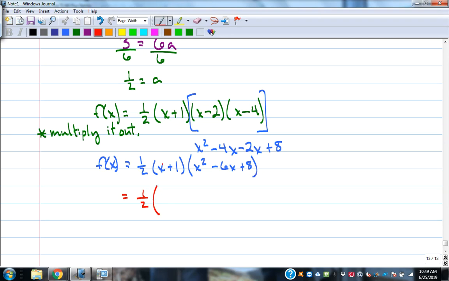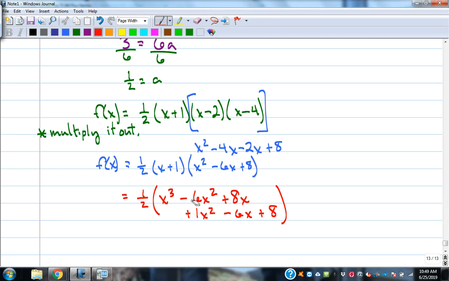So that's going to be x times x squared is x cubed. x times negative 6x, negative 6x squared, plus 8x. And then I'm going to multiply 1 times x squared is positive 1x squared. 1 times negative 6x, negative 6x. 1 times 8 is 8. Okay.